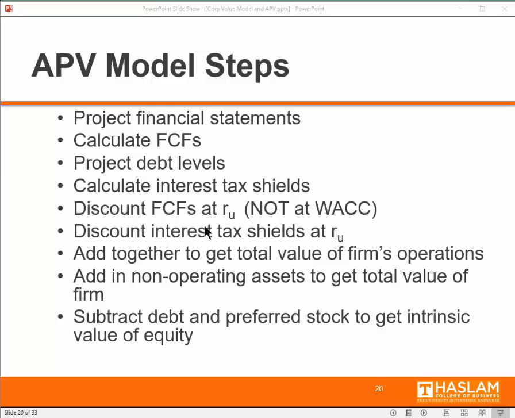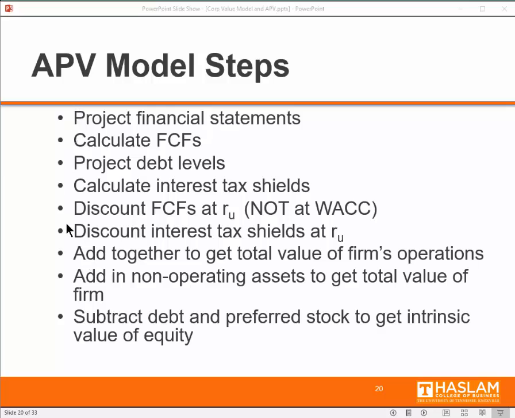Add together both the present value of the free cash flows and the tax shields, and that gives you the levered value of the firm's operations. And as a matter of fact, this line is not the same number as, but it's the same concept as, the value of operations that you get in the corporate valuation model when you discount free cash flows at the weighted average cost of capital.